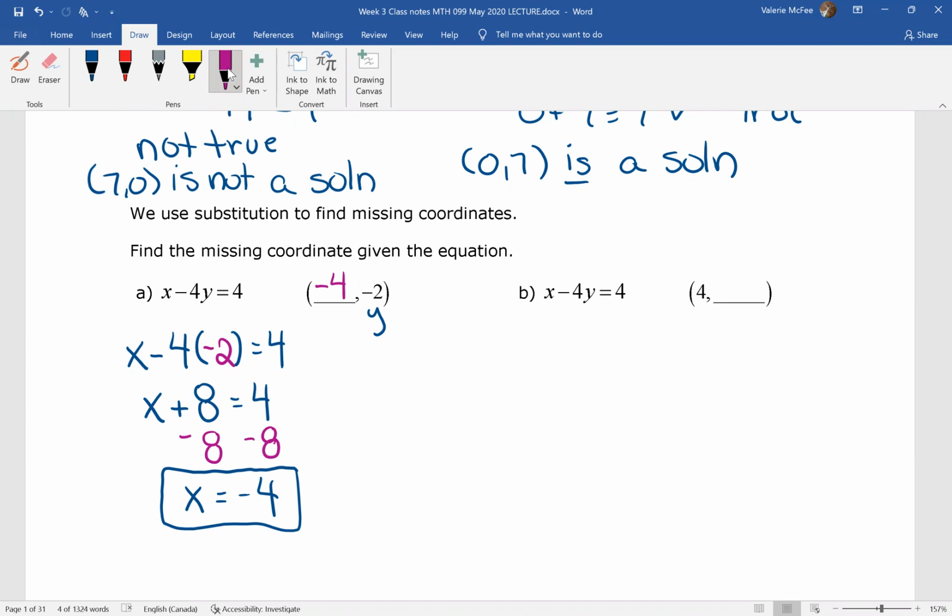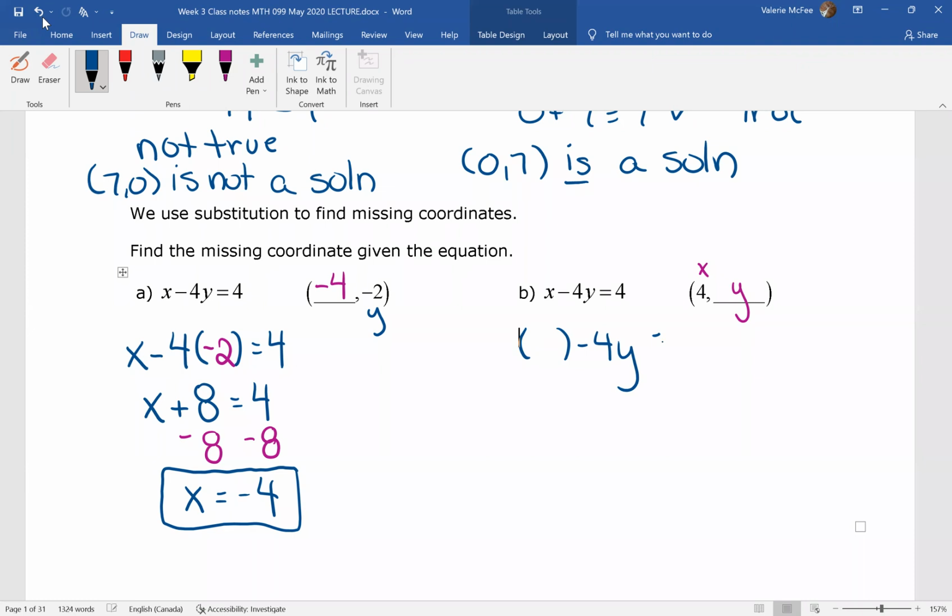Now notice in B, we have the same equation, x minus 4y equals 4. This time we're given x and we're asked to find y. Pause the video and find the y coordinate. So we're given x.